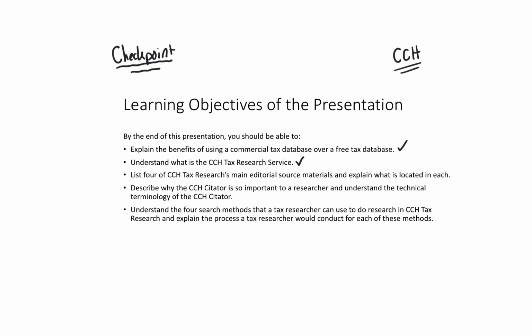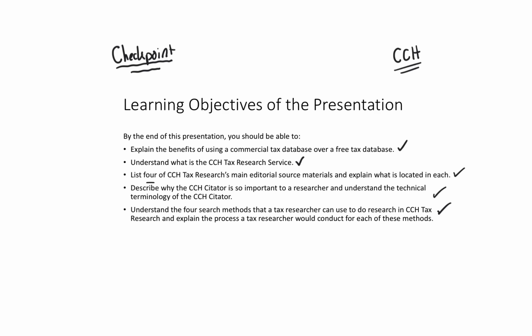List four of CCH Tax Research's main editorial source materials and explain what is located in each. Describe why the CCH Citator is so important to a researcher and understand the technical terminology of the CCH Citator. And finally, understand the four search methods that a tax researcher can use to do research in CCH tax research and explain the process a tax researcher will conduct for each of these methods.